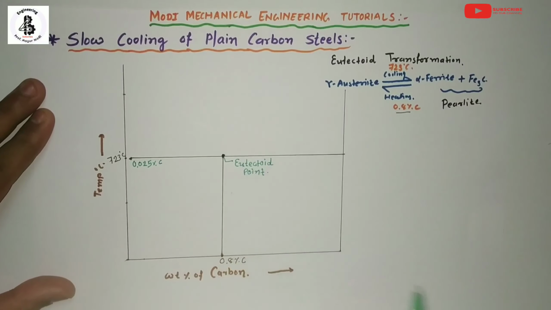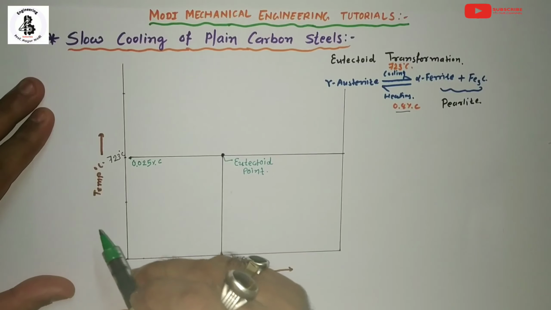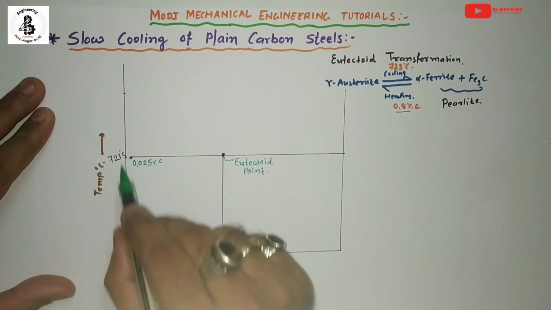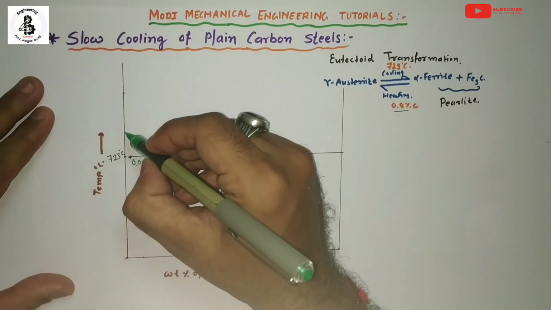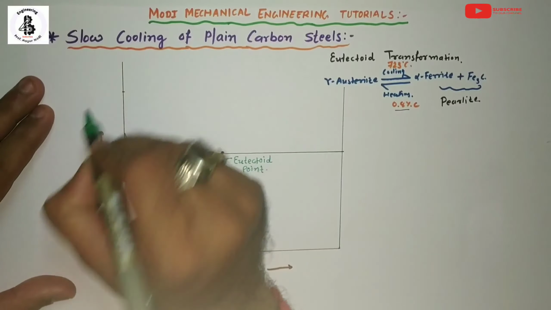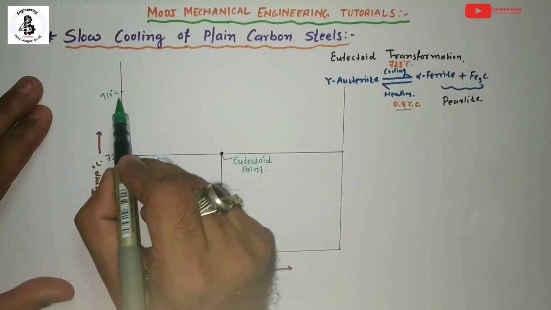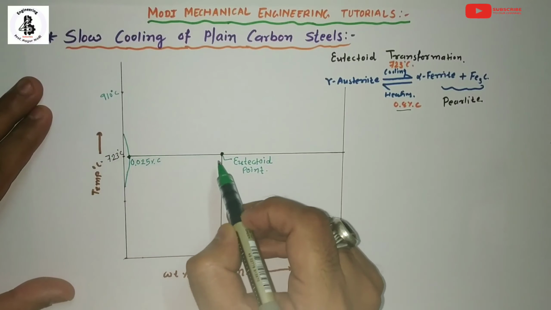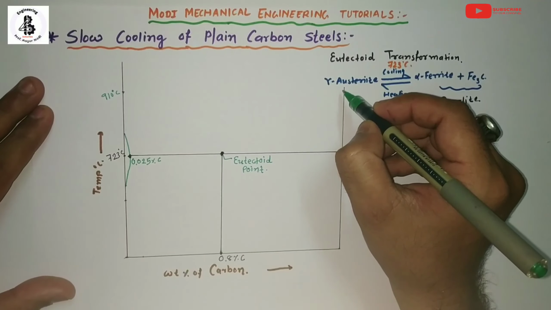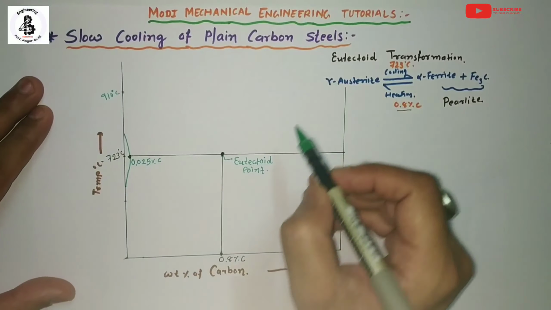That will have 100% solubility with the iron. Make one line like this along the solubility range with respect to temperature. Now, in the iron carbon diagram, the temperature is around 910 degrees centigrade. Join a line from this point to the eutectoid point, and from the other side, around 1147 is the eutectic temperature line. Join these lines like this.